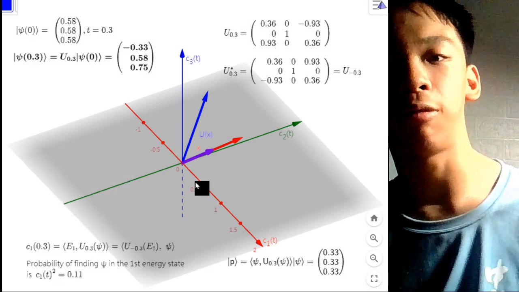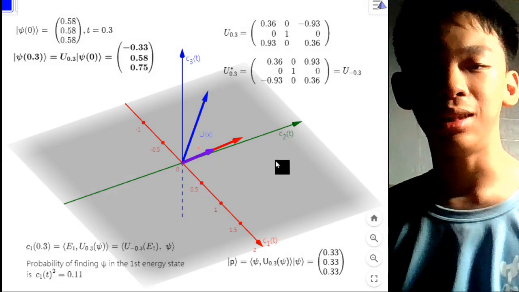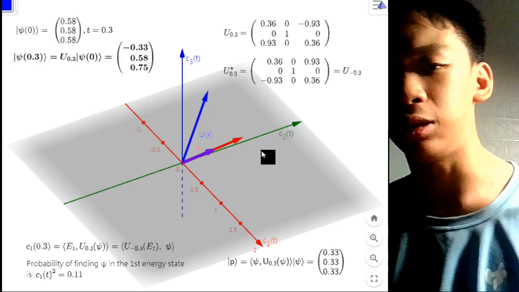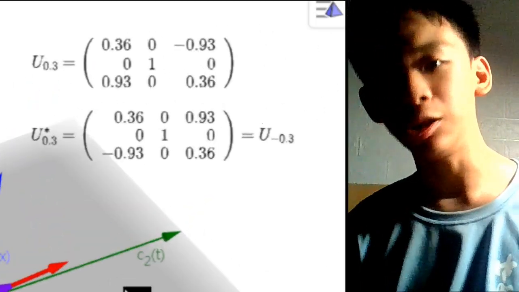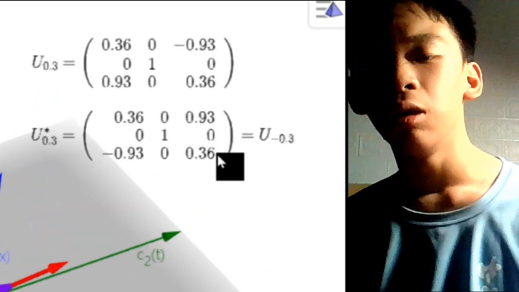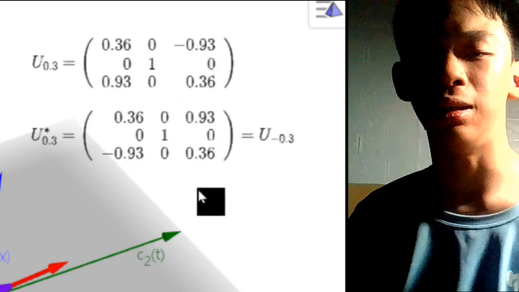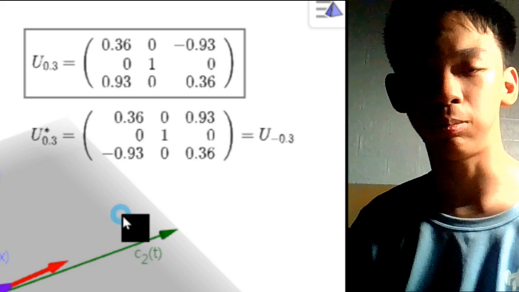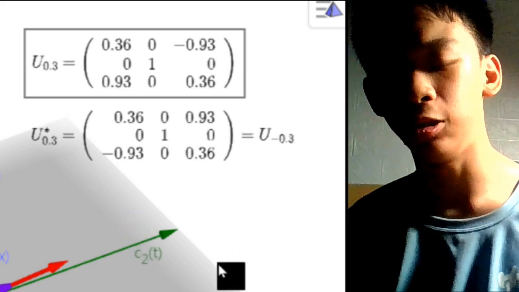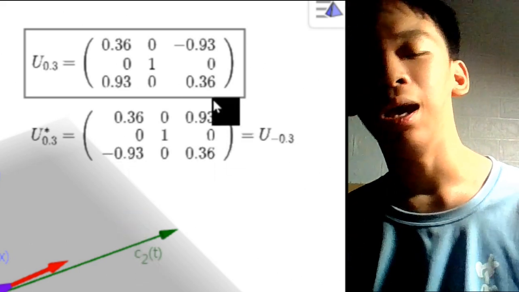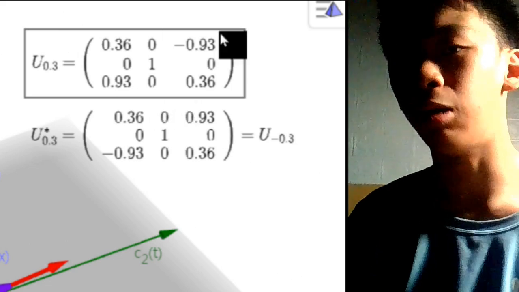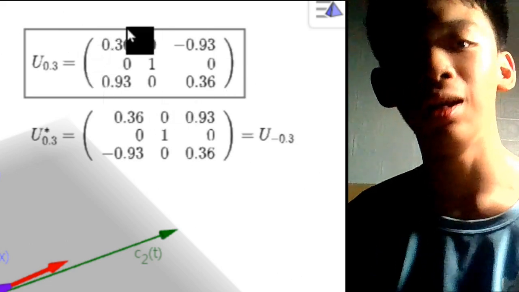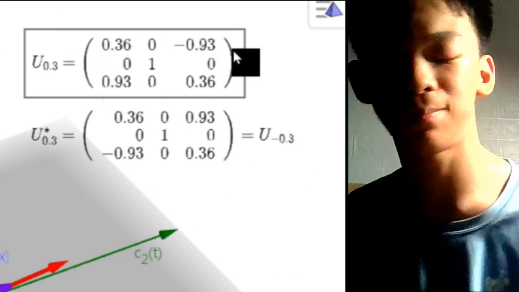Notice that they're both 1, and this equality means that U is a unitary matrix. U adjoint is shown on screen now, which the reader can verify is U inverse. For example, when t equals 0.3, the adjoint of U is this matrix right here, and the original U of 0.3 is this matrix shown here.